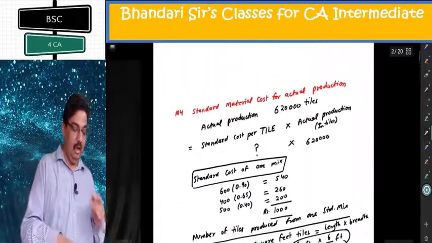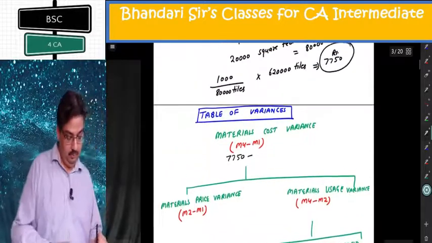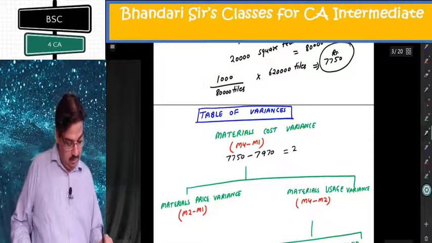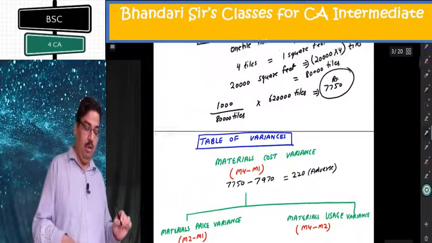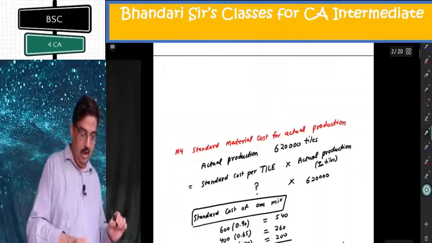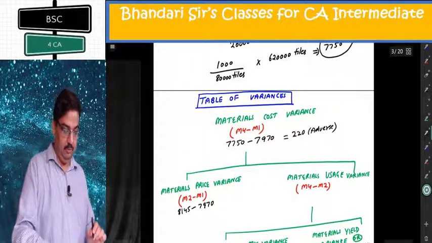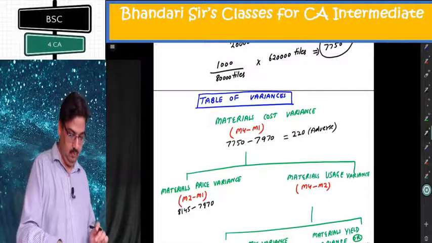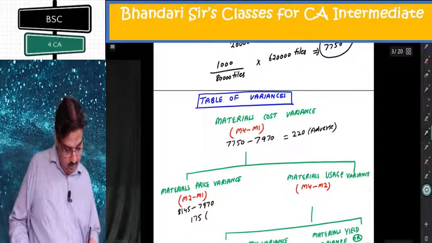Putting in the table of variances. 7750 minus M1 7970. This becomes 220 adverse. M2 we computed 8145, minus 7970. This becomes 175. This is favorable.